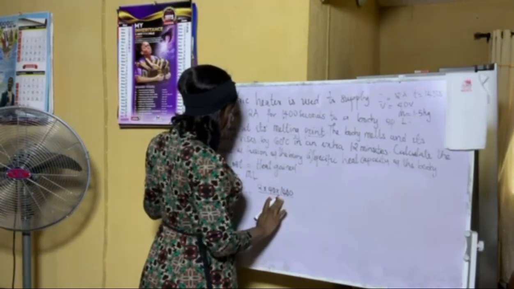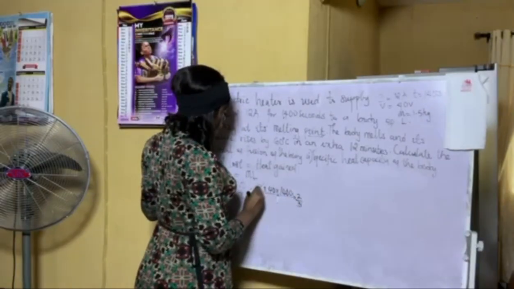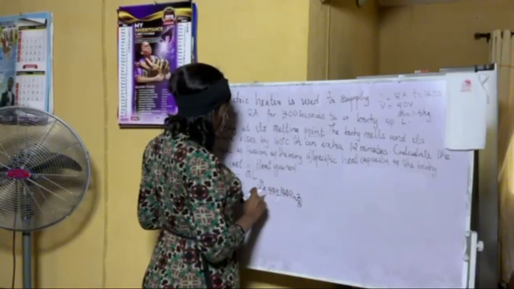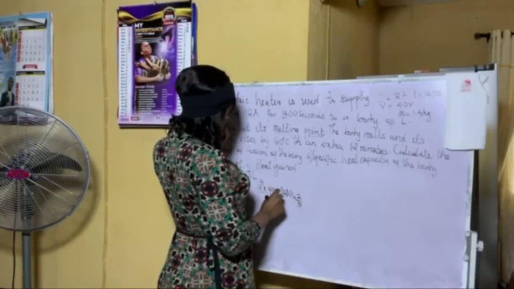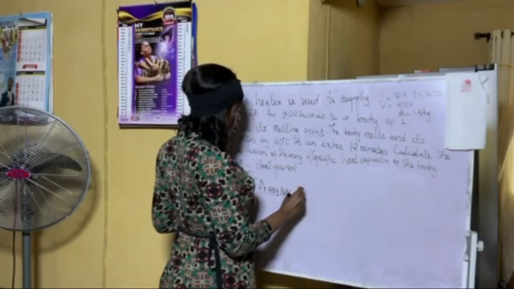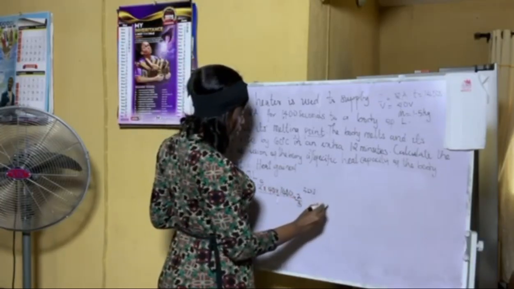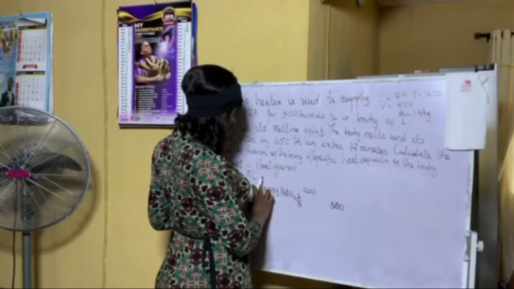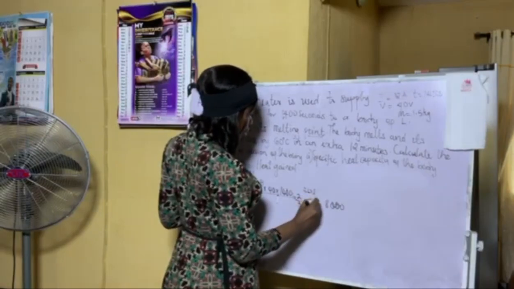I don't want to use my calculator. So I have this times this, which will give me 28, and this times this is 56. 56 times 8 will give me 8 carry 4. I have 3 zeros already.